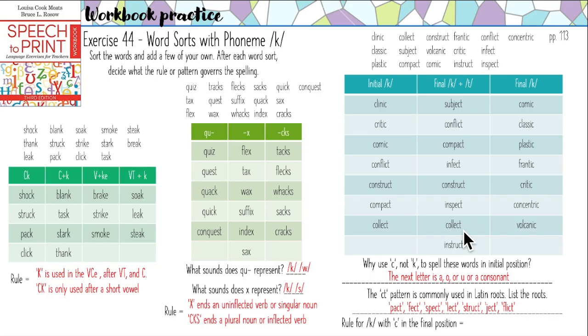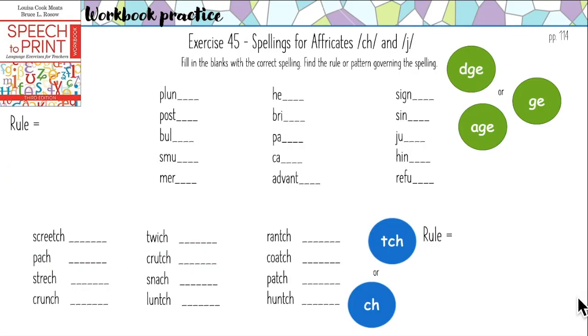We're not going to use a KT. It's just not an English-based word. It's a Latin-based word. And then what about that C in the final position? Well, it's a final syllable. It's unaccented. It's a morpheme part. So it's just like the root here. That's how we're going to spell that morpheme part. Okay, I hope that wasn't too confusing.